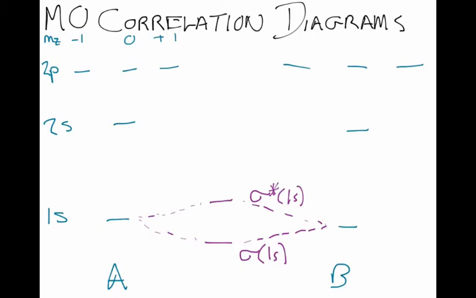To what's called second order, the destabilization is basically always a little bit higher than the stabilization. So actually the sigma 1s doesn't go down quite as much as the sigma star goes up. But that's a little detail that doesn't matter too much at this point. So then the same thing plays out for the 2s. Basically, it's identical. So there's a sigma and a sigma star 2s that look exactly the same.